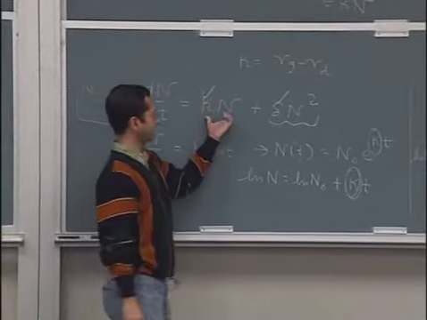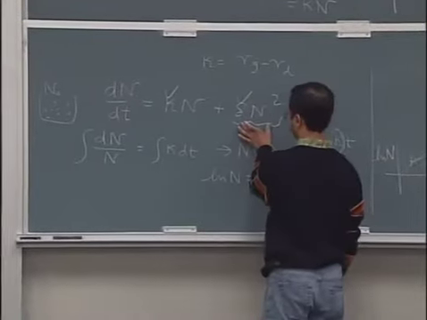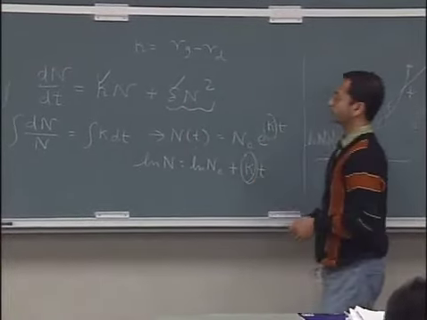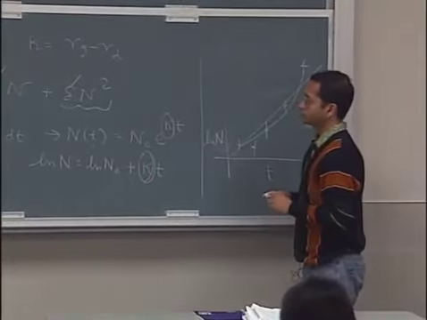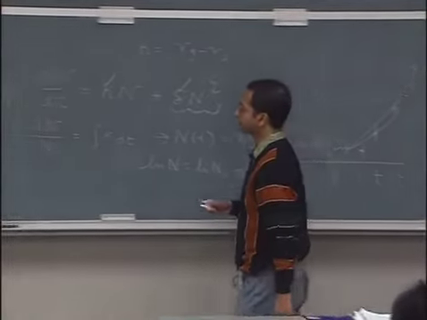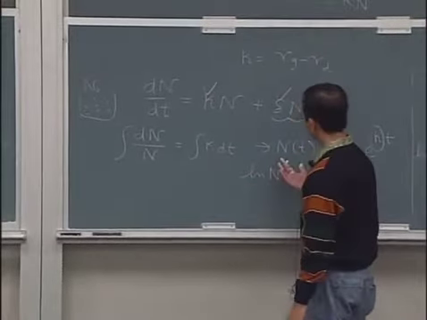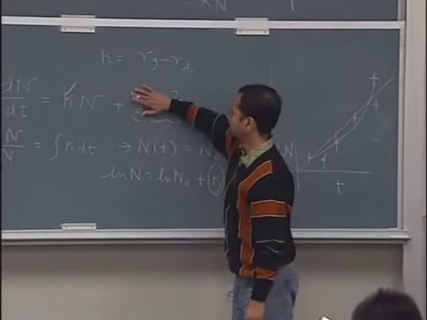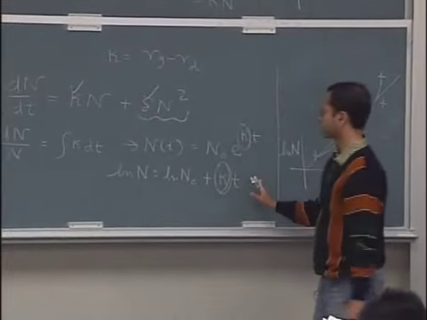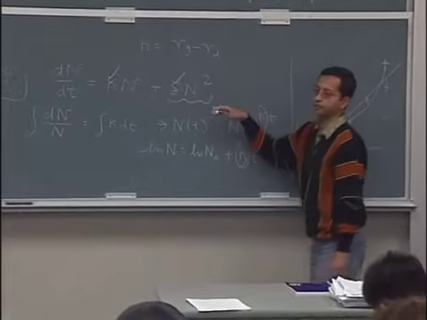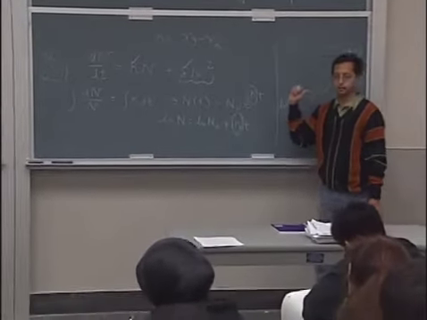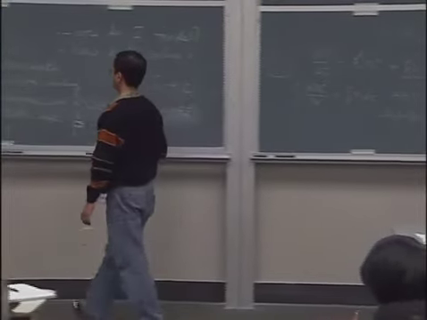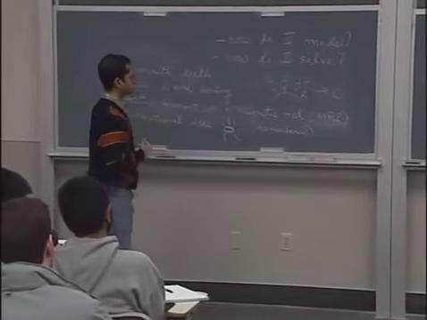Should I write Kn or should I have delta n squared? So this is the first level challenge. What terms you want to include, what do you want to do here? And the second challenge is, can you have a solution? How do you solve the equation? So if it's just Kn, you have a nice exponential solution. If it's delta n squared, then it's already more complicated than that. Okay? So there are two major issues. So how do you model the system and how do you solve such a system?